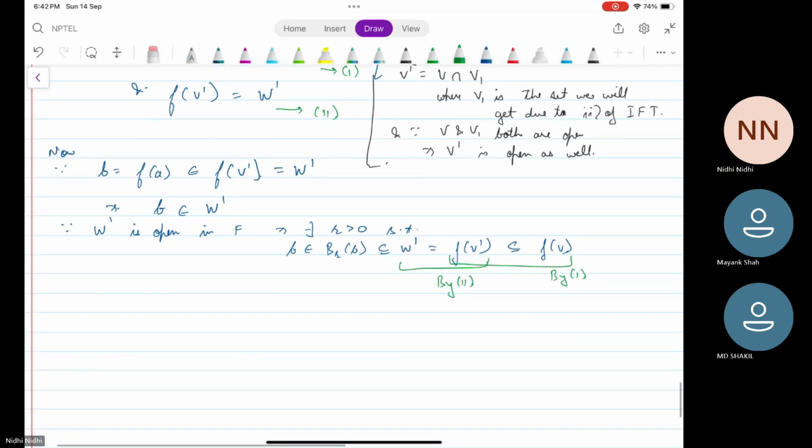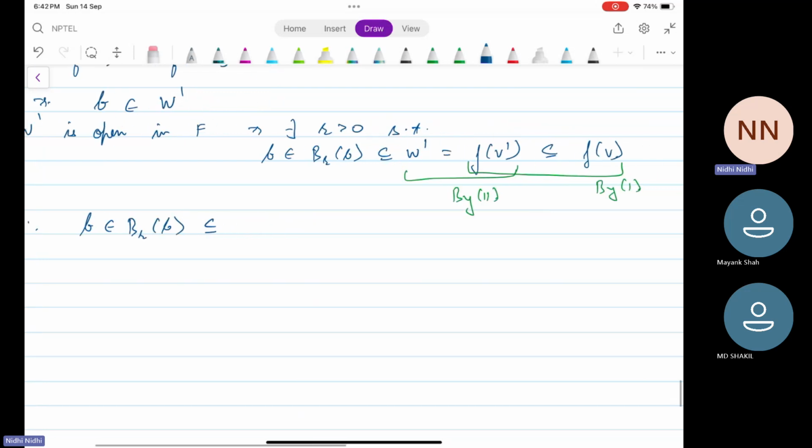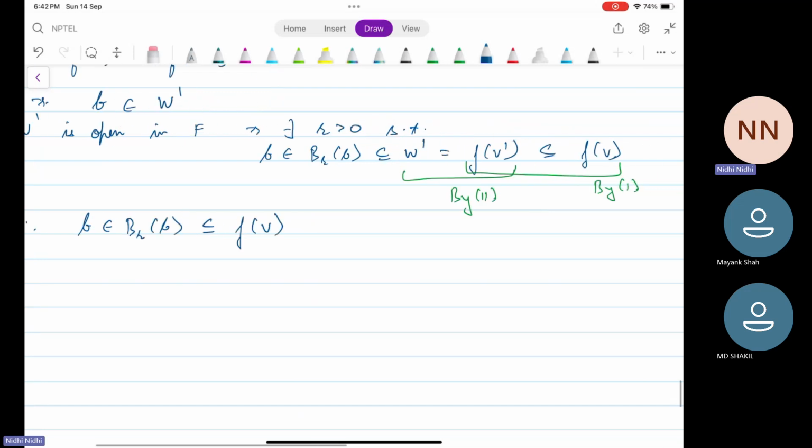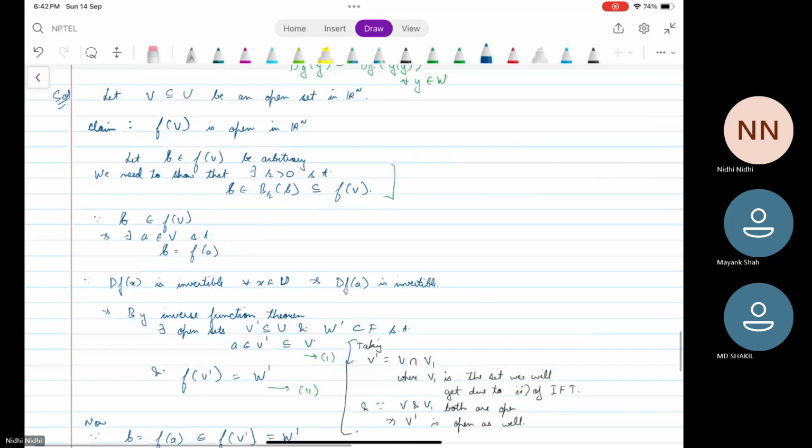Therefore, B belongs to BRB is a subset of FV. Now, since B belonging to FV was arbitrary, therefore FV is open.